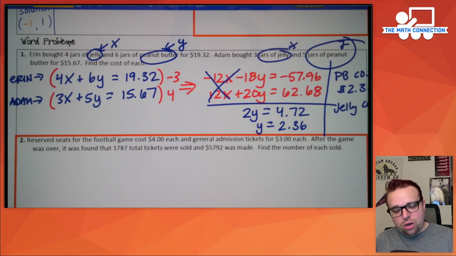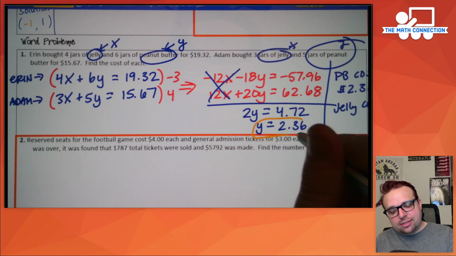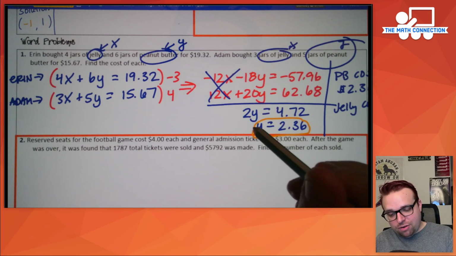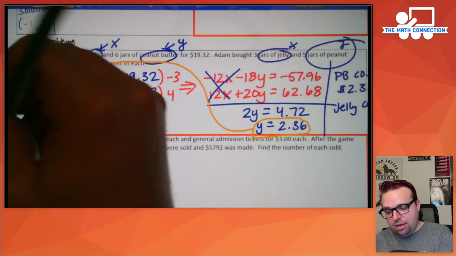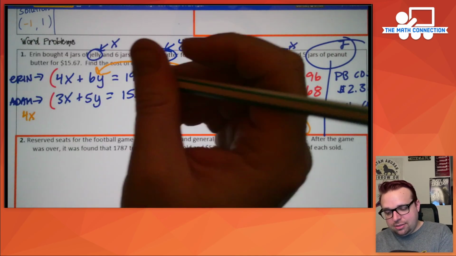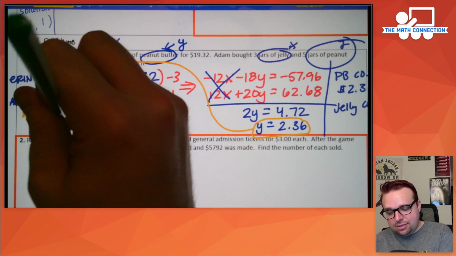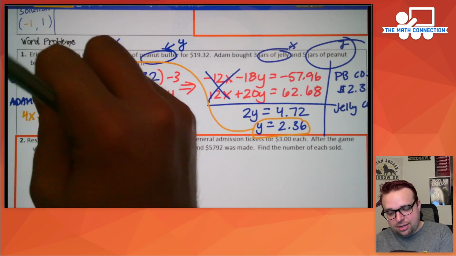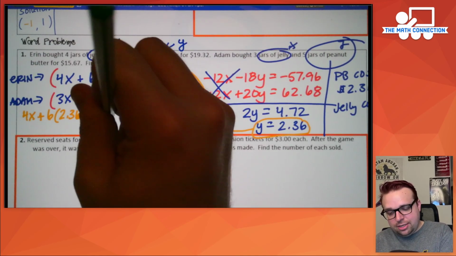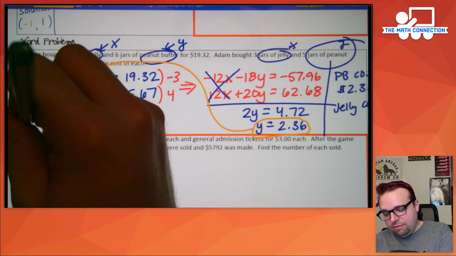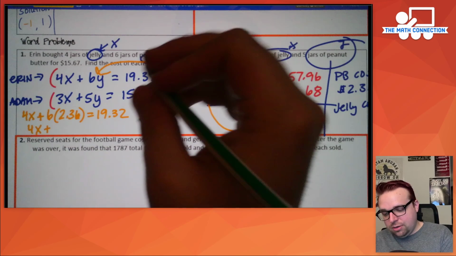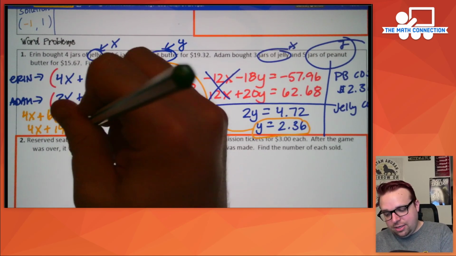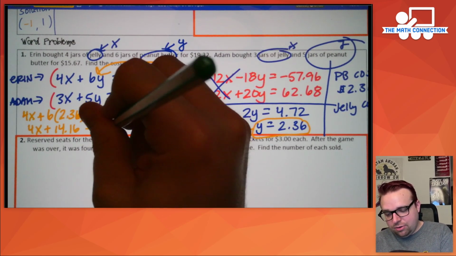Switching to orange, we need to take 2.36 and go back to one of our original problems, like the first one, and plug it in. So 4x plus 6 times 2.36 equals 19.32. 4x plus 14.16 equals 19.32.